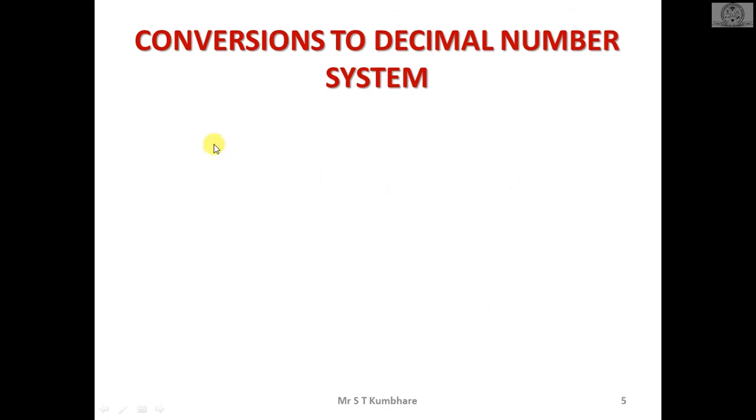Let's take an example. Suppose I want to convert one binary number. I am going to take first 10110, which is in the binary number system. Suppose I want to convert this into decimal. Now, how to do it?